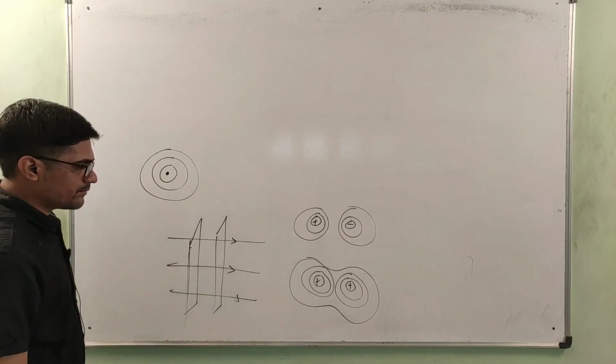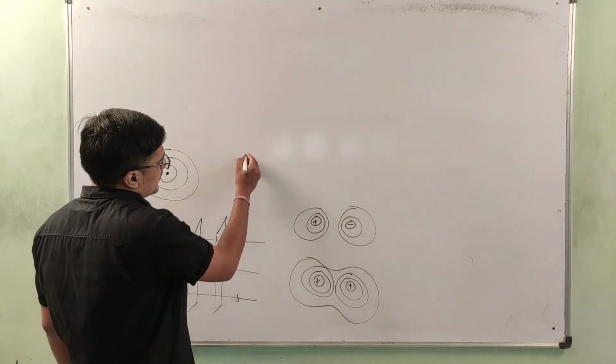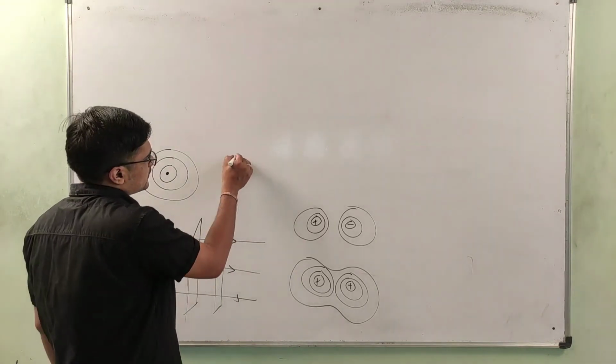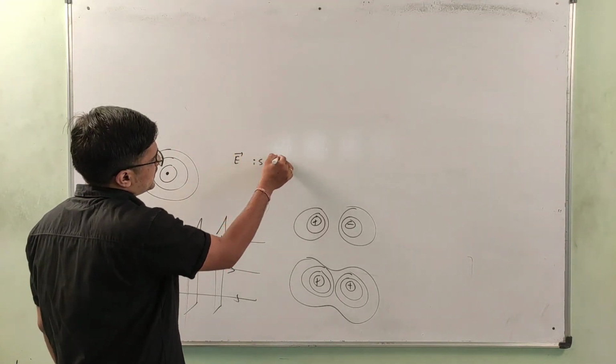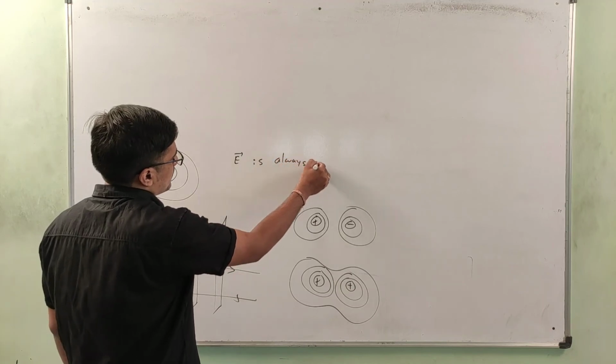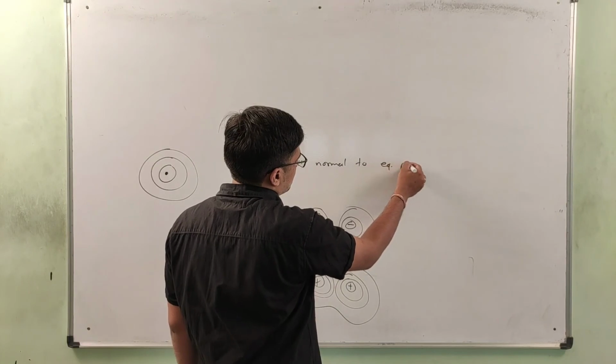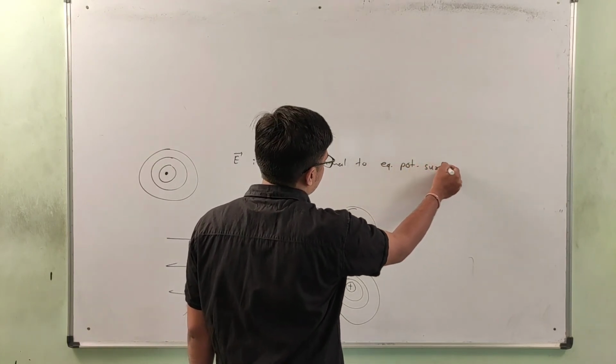And remember one most important point: equipotential surface is always perpendicular to the electric field. So the electric field is always normal to the equipotential surface.